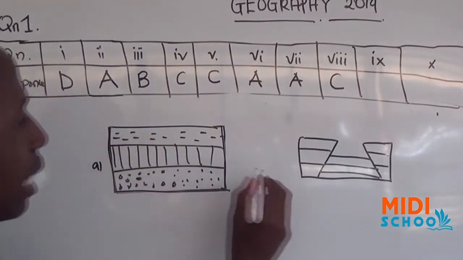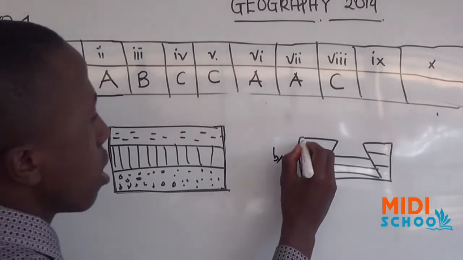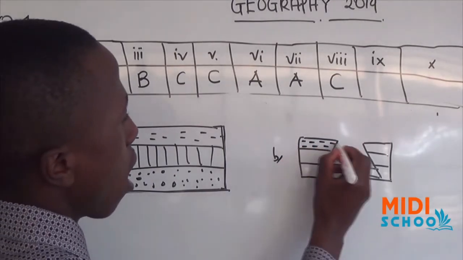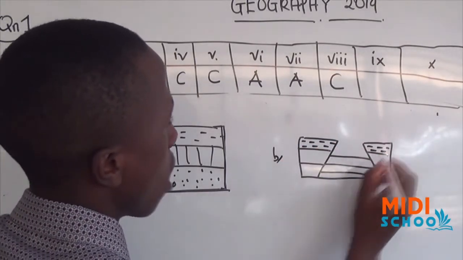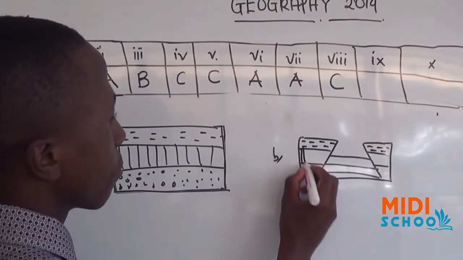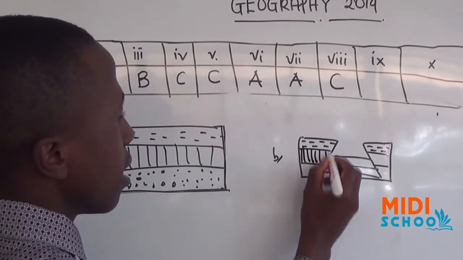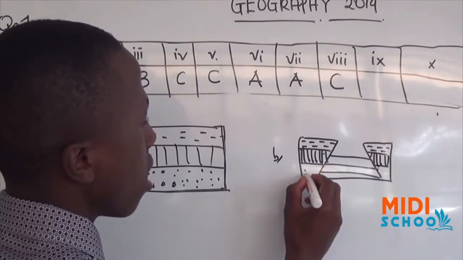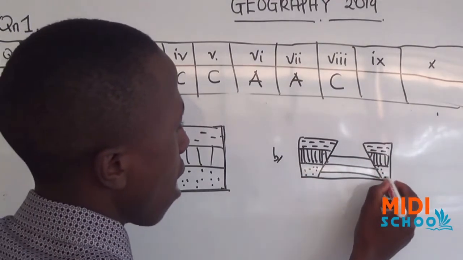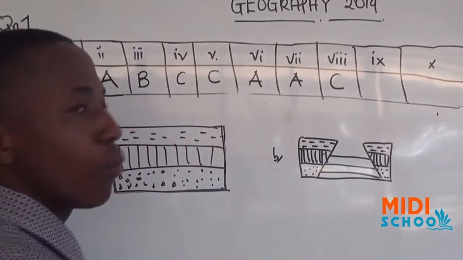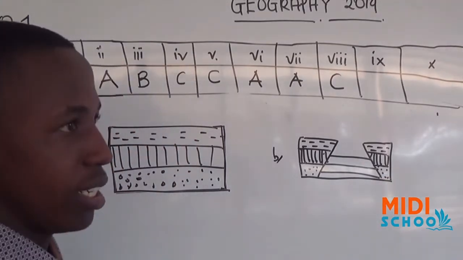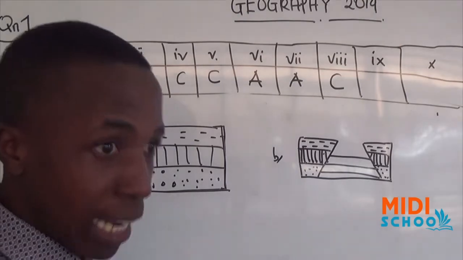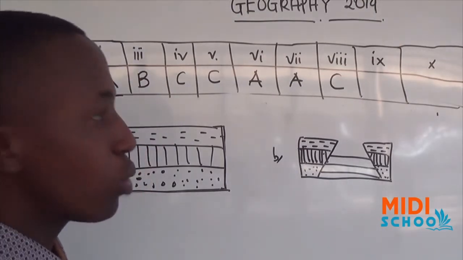Mind you, the first layer was this one, the second layer, and the third layer. So it has diverged itself. There is pulling apart of the oceanic crust and the continental crust.